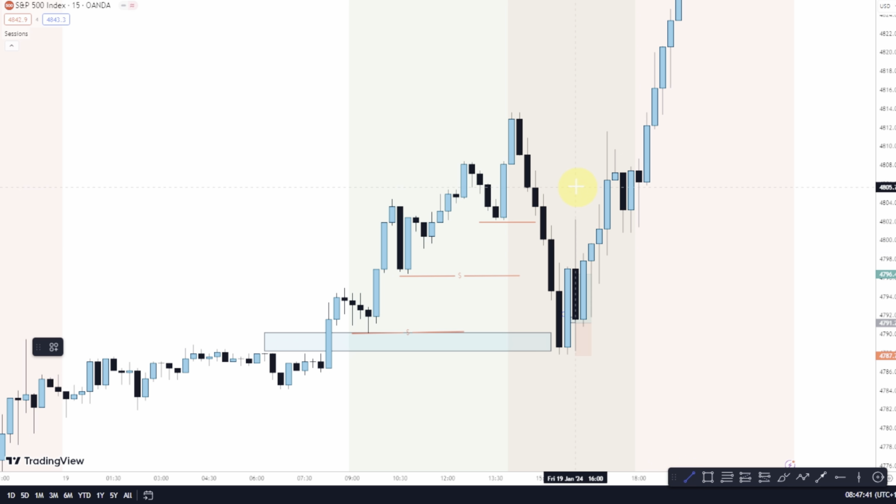So you'll be riding price straight to the sell side liquidity. Remember, you're getting into the market from the buy side liquidity after the sweep of the buy side liquidity. Knowing that, if you're looking for a target, you'll be looking for a swing point to target.